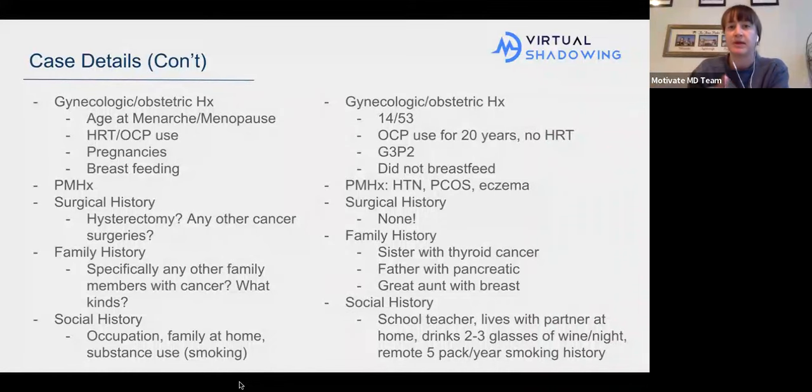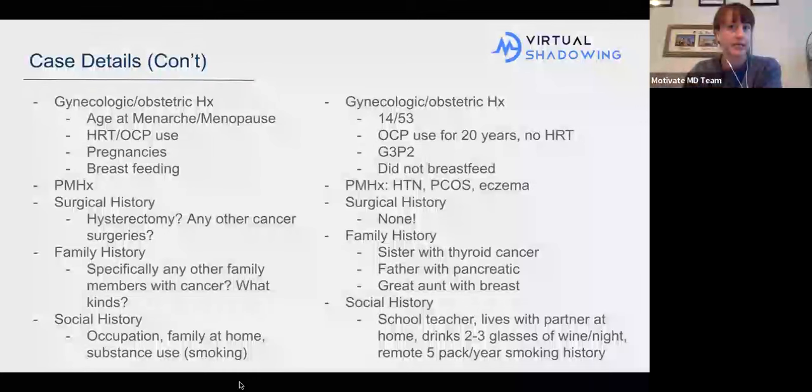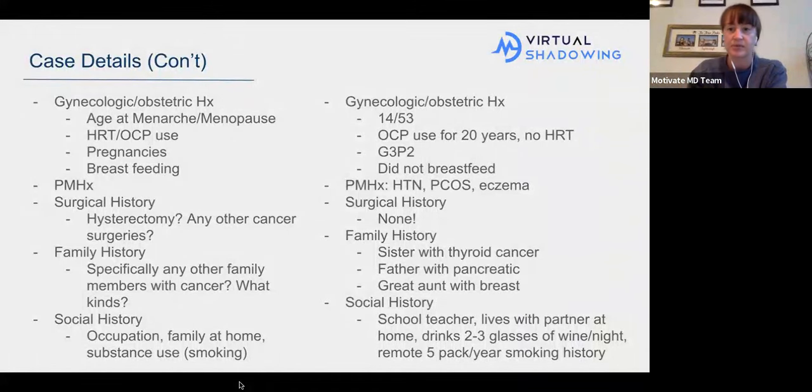Specifically, we ask about breastfeeding not because not breastfeeding is a risk factor, but we know historically that breastfeeding is a protective factor. So women who breastfeed are at a lower risk of developing breast cancer later down the line. And the thought process behind that is that when you are breastfeeding, your menstrual cycles are not regular.